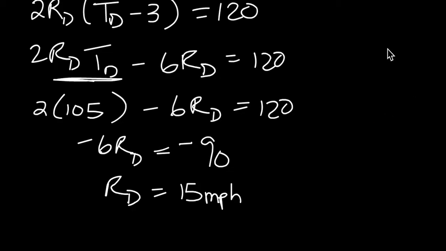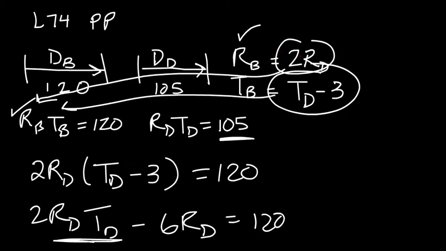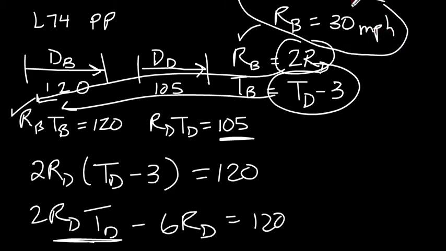All right, then we're going to go back up. We're going to find the rate of Bernard. He's twice as many. So the rate of Bernard equals 30 miles per hour. And then it says what was the time of each racer. So the time, we would just substitute those in. Let's see here, here's a time one. But we have the rate of the Dominesque was 15.